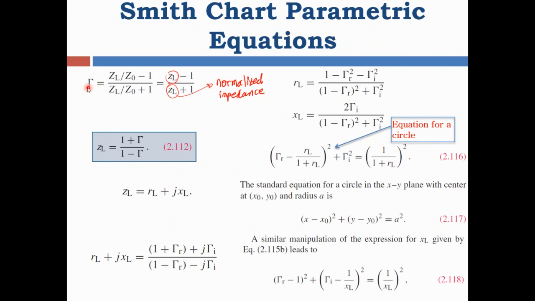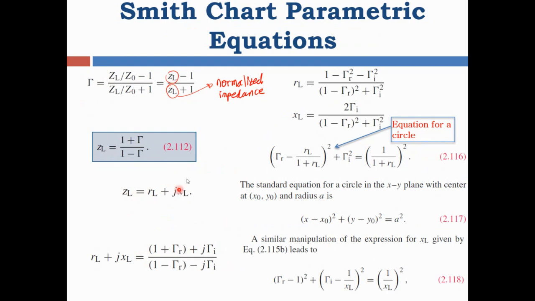But that is easy. Here, gamma is equal to this. Solve for z sub L: 1 plus gamma over 1 minus gamma. But notice that gamma is a complex number in general, so it is going to have a real part and an imaginary part. So is z sub L. The load in general is complex.